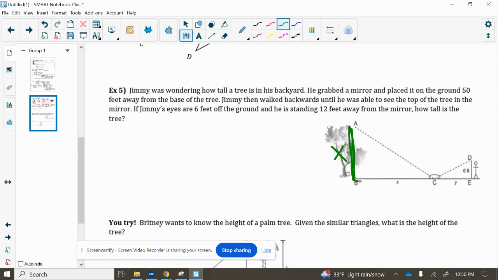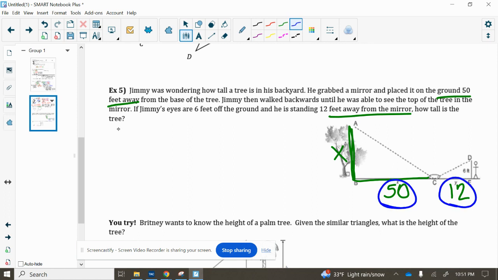And if we start by walking 50 feet away from the base of the tree, and then we put down this mirror and we walk an additional 12 feet away from the mirror, and we're 6 feet tall, we can use these similar triangles to find that missing measurement, because we have the 50 and the 12 are those distances on the ground.